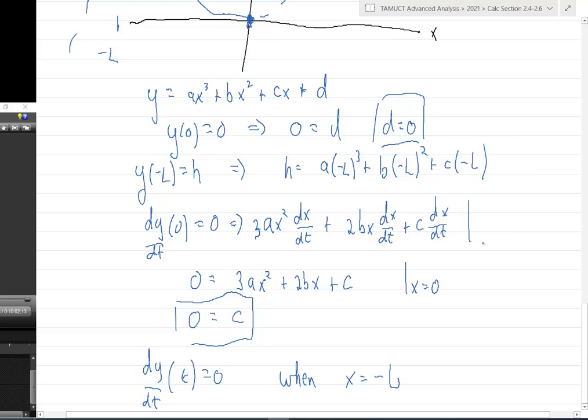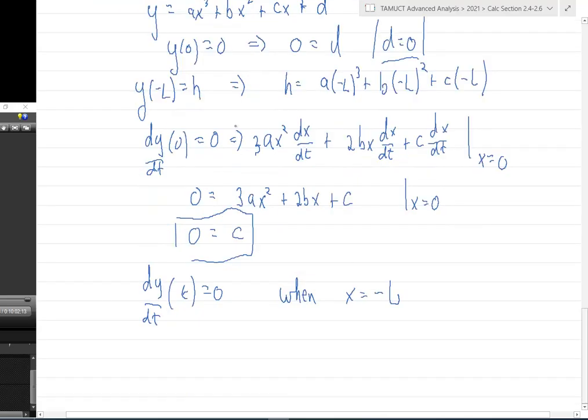This one was for x equals 0. Notice I don't actually know what t is, and it really doesn't matter because this doesn't depend on t. So now I have this simplified. The c term goes out. I don't need that anymore, so I'm just going to remove that here.